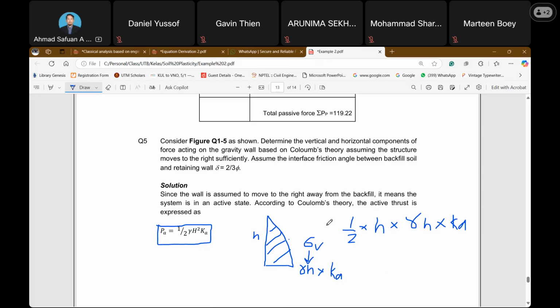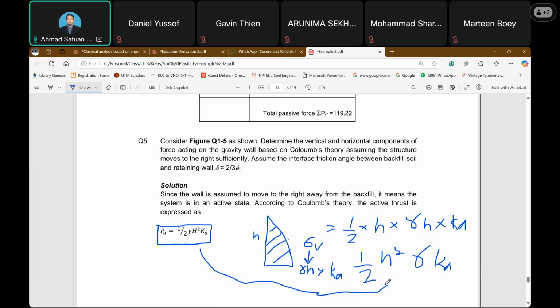So we simplify it into half h squared gamma Ka. Then we obtain the same.